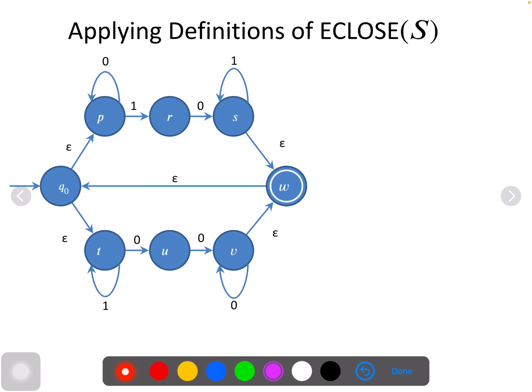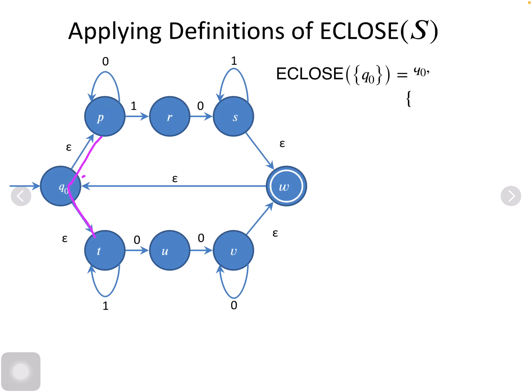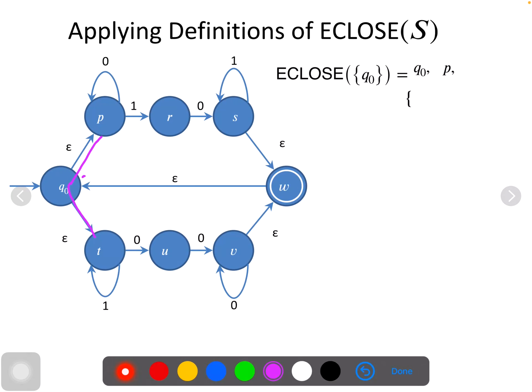Now let us take the example and apply the definition. E-closure of Q naught: E-closure of Q naught is Q naught, P, T, right? So that's it. Then E-closure of S, where is the S?